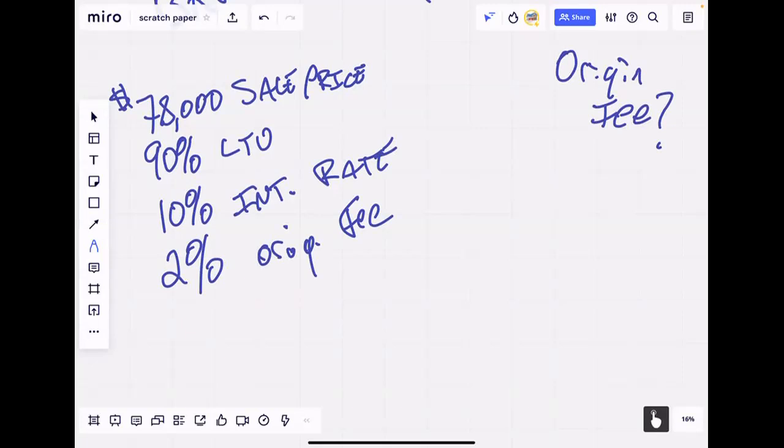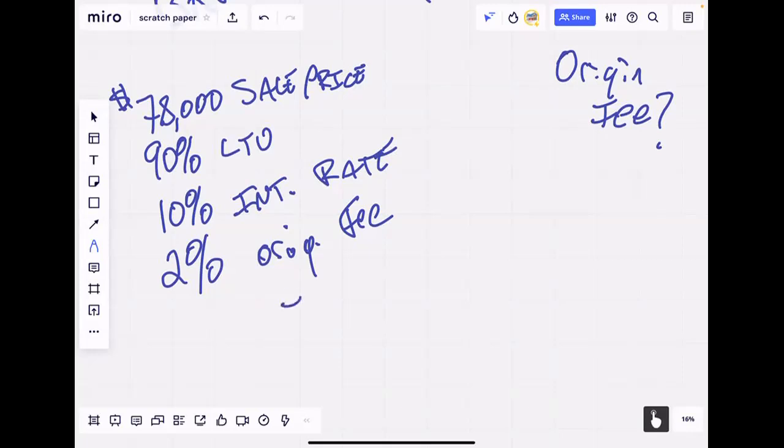Now, writing all this stuff out, what do you think your first step would be? I think the first step would be to find out what the loan is. Okay, so the loan amount. How would you figure out the loan amount given the information that you have? You would take 78,000 times 0.9.